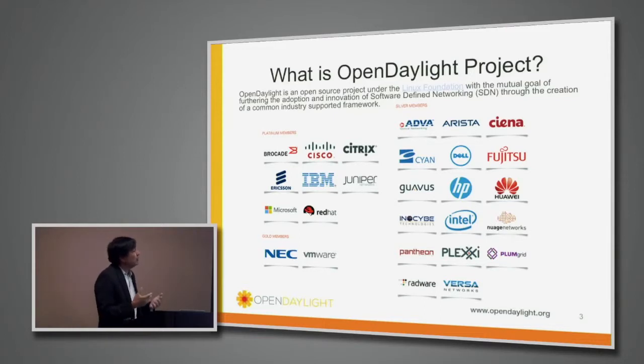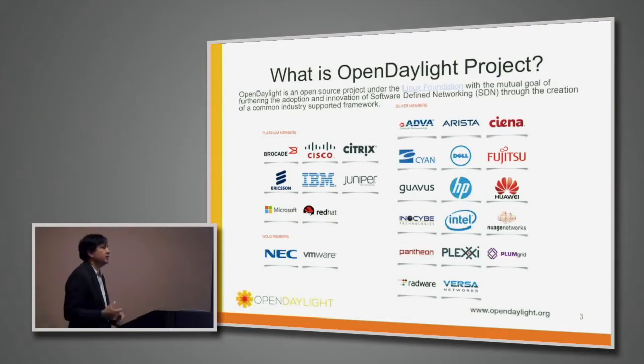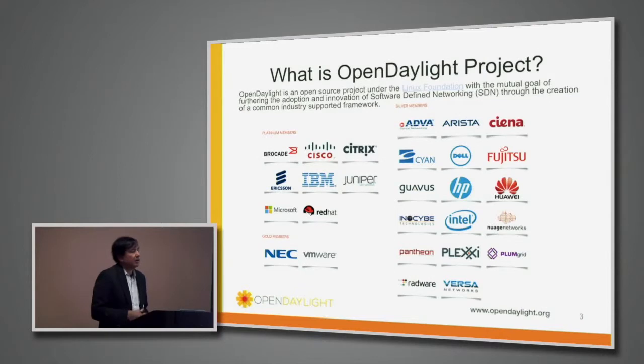Plus, in almost all cases, they bring in intellectual property. So they bring in assets that they would like to contribute to open source, and that potentially becomes part of OpenDaylight. Gold members are commensurately lower, and silver members are commensurately lower as well. But we expect to see this membership grow.